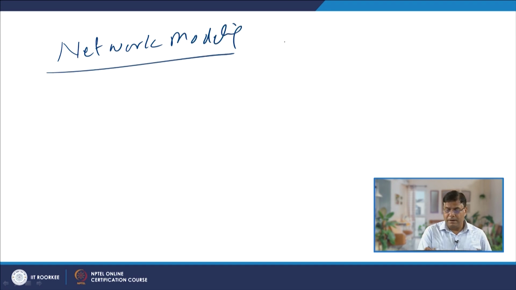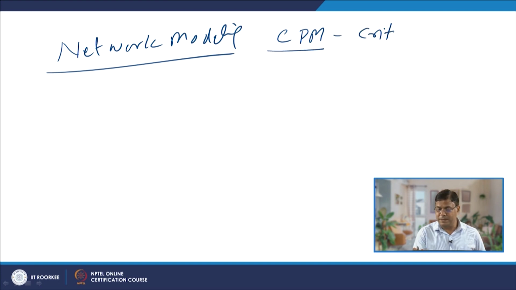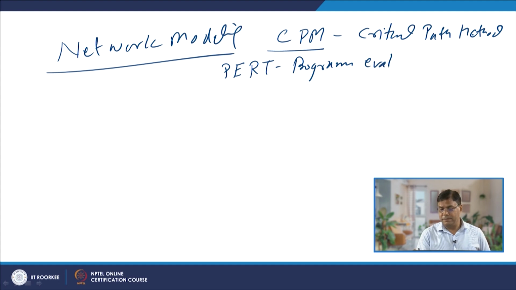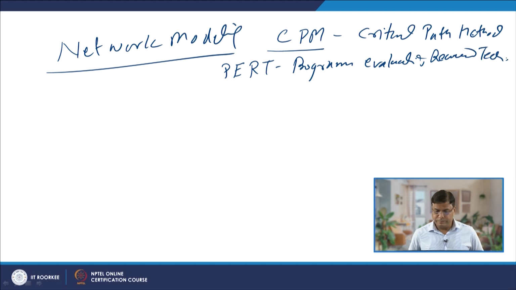Network modeling. There are two techniques related with this. One is the critical path method, commonly known as CPM, and another is PERT, the Program Evaluation and Review Technique.